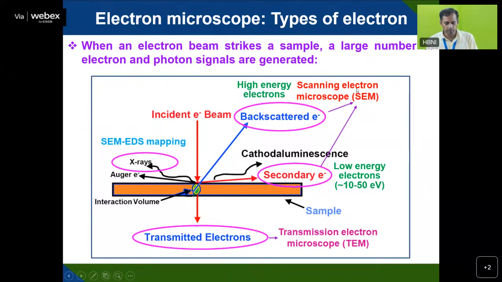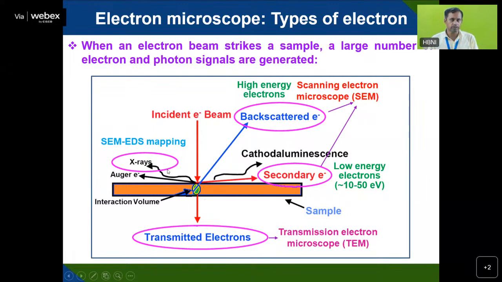For example, scanning electron microscope needs backscattered electrons, which are high energy electrons, or you can use secondary electrons, which are low energy electrons of 10 to 50 electron volts. During the interaction of the incident electron beam with matter, you can also produce X-rays. Those X-rays can be used for elemental analysis.